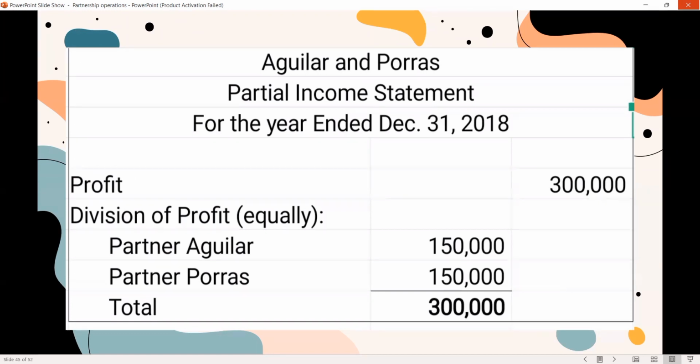So, when we are writing the division of profit, kailangan ang sabi equally. So, 300 i-divide sa 2. Equal siya. So, partner Aguilar, 150,000. And partner Porras, 150,000 also for the total of 300,000. That is the division of profit for the year ended December 31, 2018. Next.